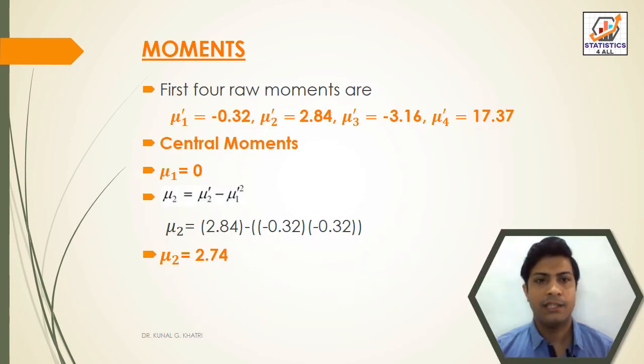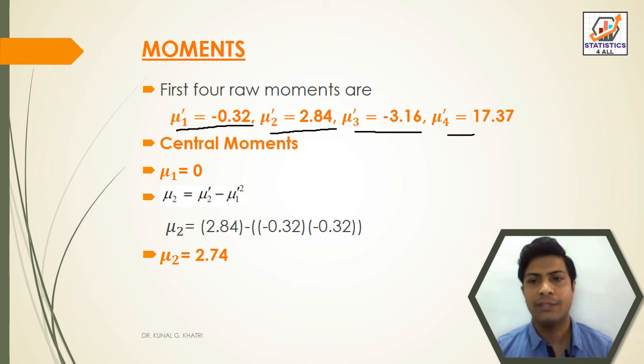Now in summary, the first 4 raw moments are mu 1 dash equal to minus 0.32, mu 2 dash equal to 2.84, mu 3 dash equal to minus 3.16, and mu 4 dash equal to 17.37. Now we'll find the central moments. mu 1 is always equal to 0. Now find mu 2.